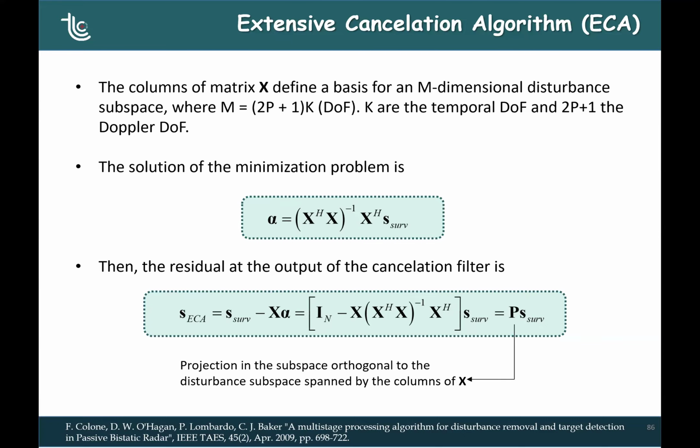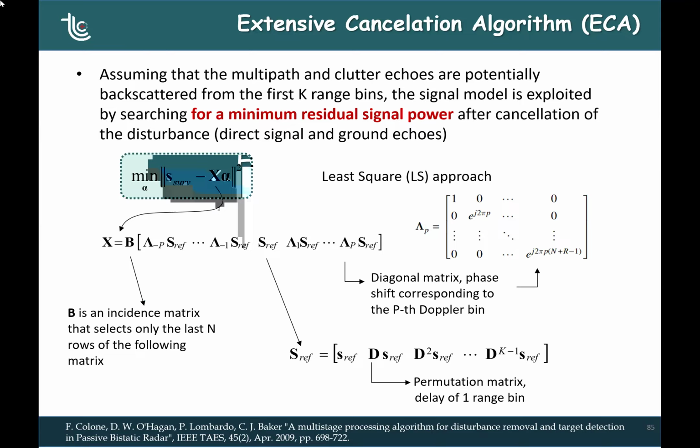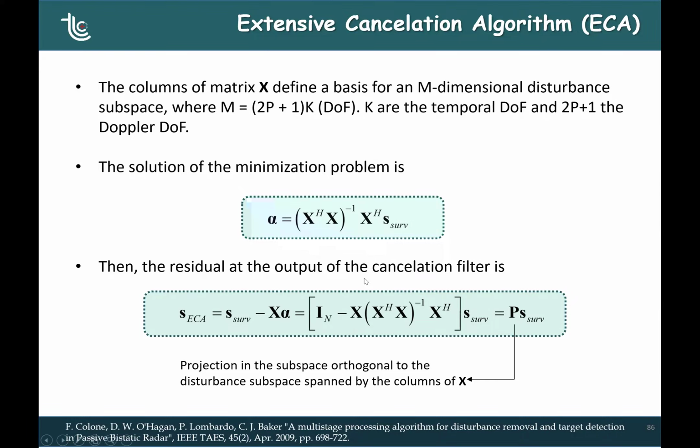The minimization problem is that we want to minimize the norm of this difference between these two vectors with respect to alpha. Then the solution alpha that minimizes the norm, so the power of this vector, is this one: X Hermitian times X, inverse, times X Hermitian S surv.